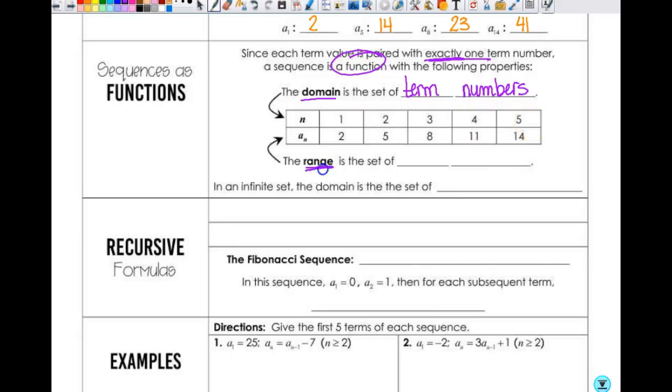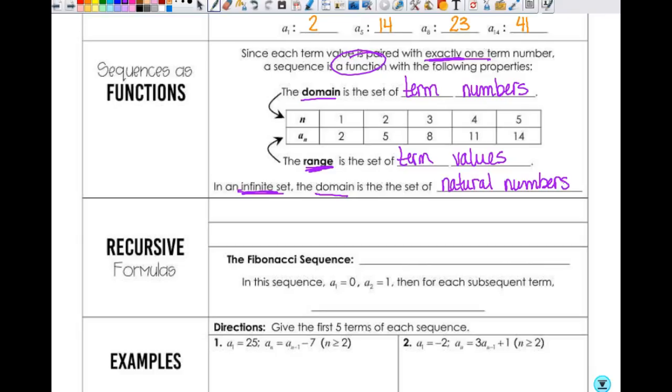And then the range is the set of term values. In an infinite set, the domain is the set of natural numbers. So 1, 2, 3, 4, all the way to infinity.